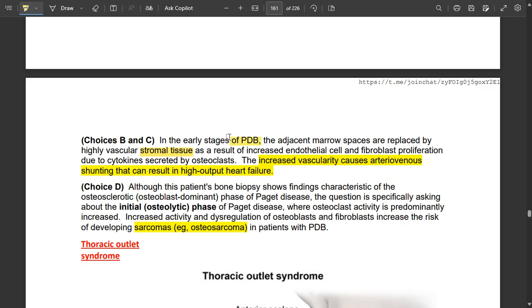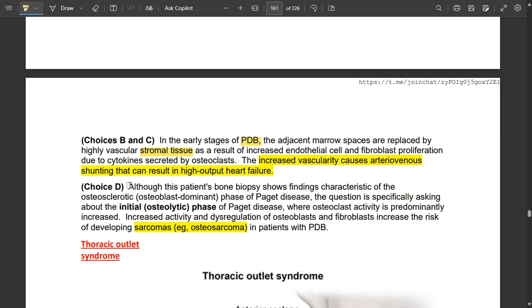So in the bone marrow, instead of the marrow cells, there is highly vascular stromal tissue.